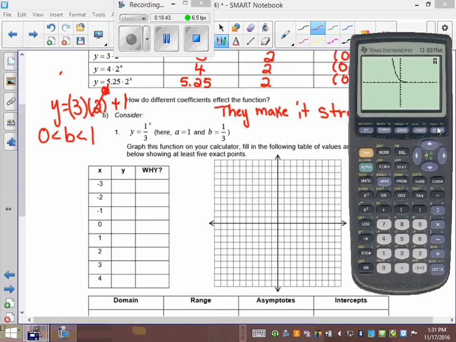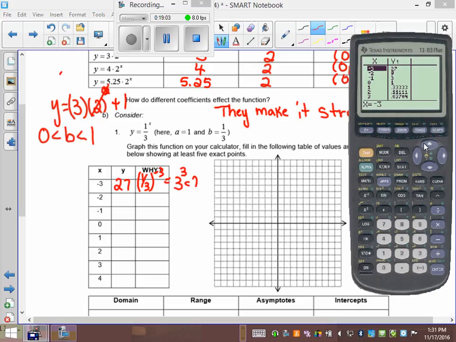So let's plot our points. We have -3 and 27. Well, why would that be? Because we'd have 1/3 to the -3. When you have a negative exponent, you'd flip it. So that technically would be 3 to the +3, which is 27. -2 is 9. -1 is 3. 0 is 1. 1 is 0.33.